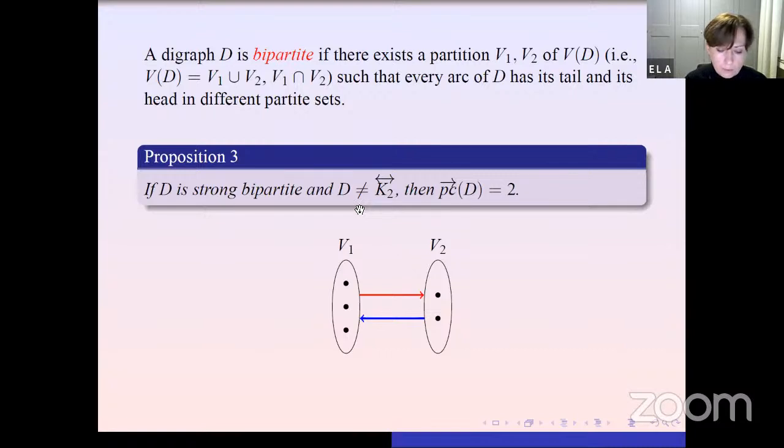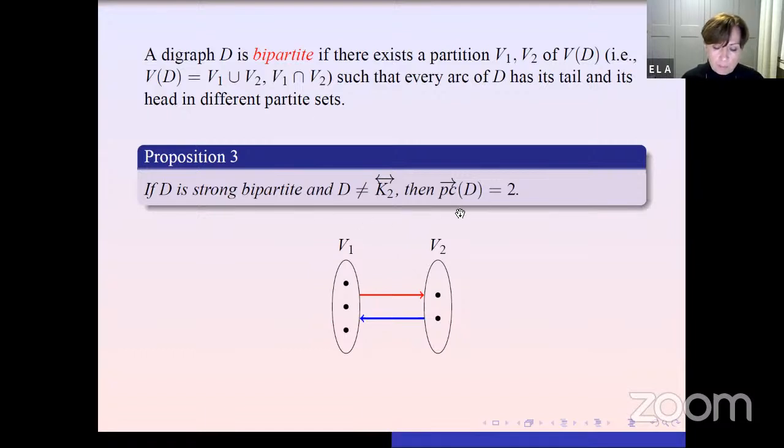Maybe I should recall the definition of a bipartite digraph. It is a digraph in which the set of vertices can be divided into two disjoint subsets, such that every arc has its tail and its head in different parts of the partition.